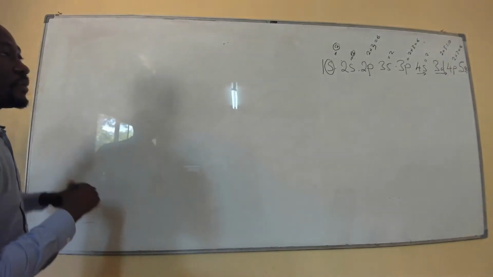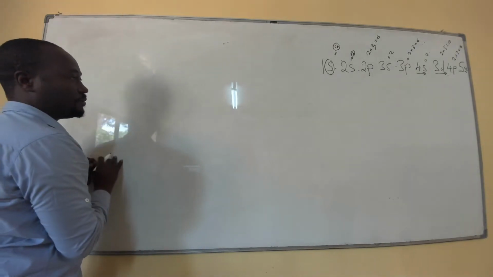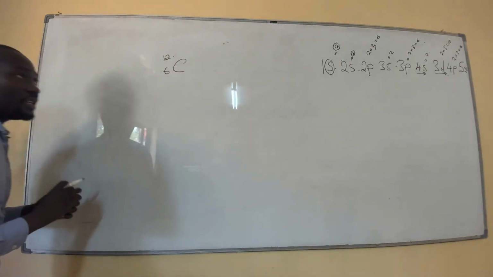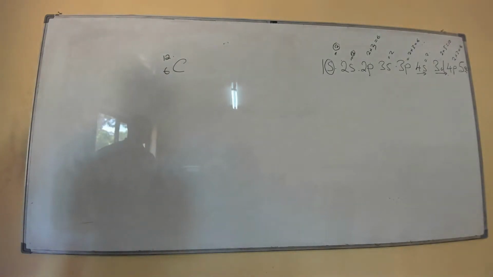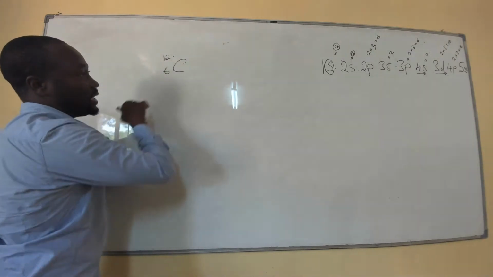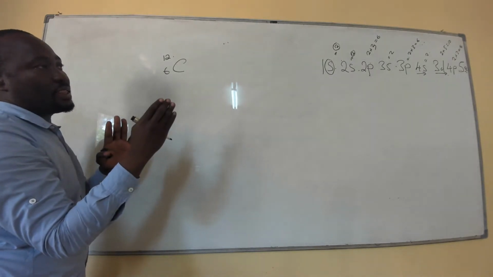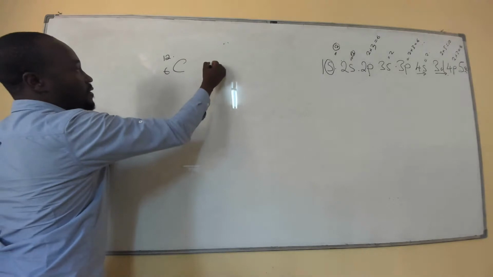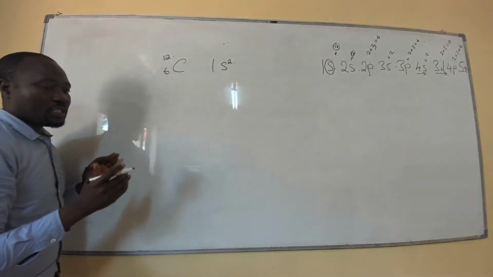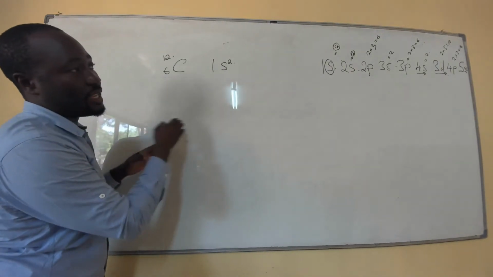All right. Let's start with the simplest one, carbon. How would you write the electronic configuration for carbon? It's very easy. There are 6 electrons, so you need to occupy the orbitals with 6. First you get 1s2. One thing you should note is that one orbital has to be filled first before you go to the next.